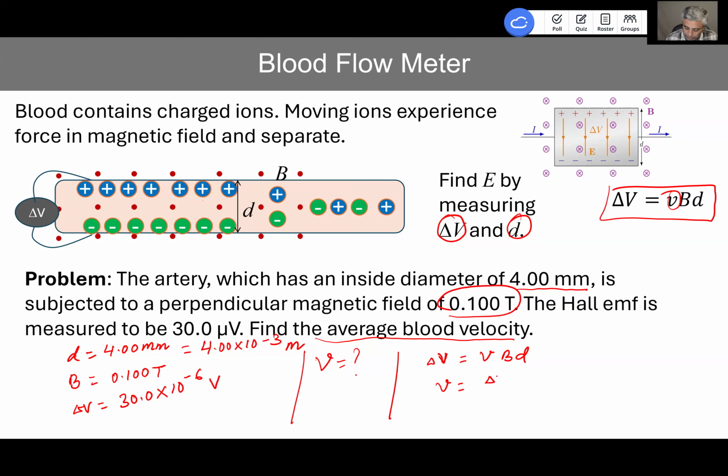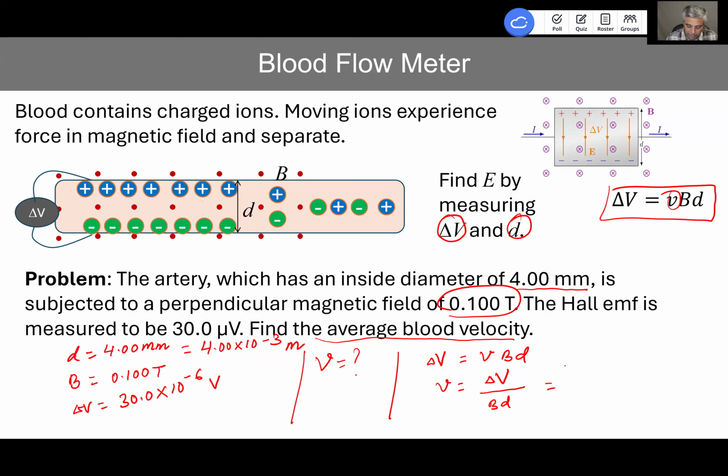I have to be careful about uppercase V versus lowercase v. They are both here. Uppercase V is potential difference, lowercase v is speed or velocity, the value of velocity. So that means I can do this with B and D.